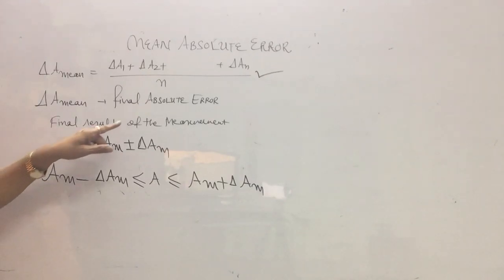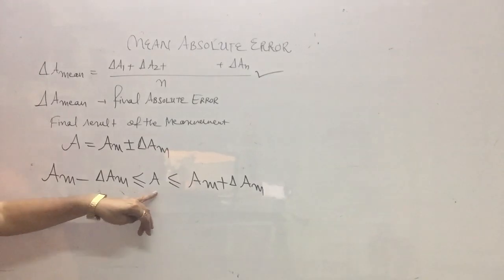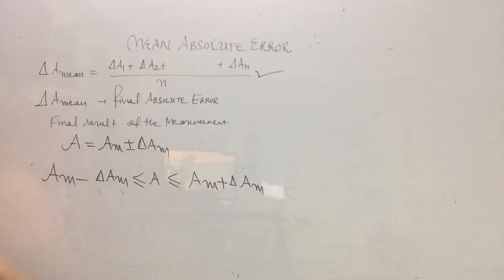The final result of the measurement is AM plus minus delta AM, which means AM minus delta AM is less than or equal to A, which is less than or equal to AM plus delta AM.